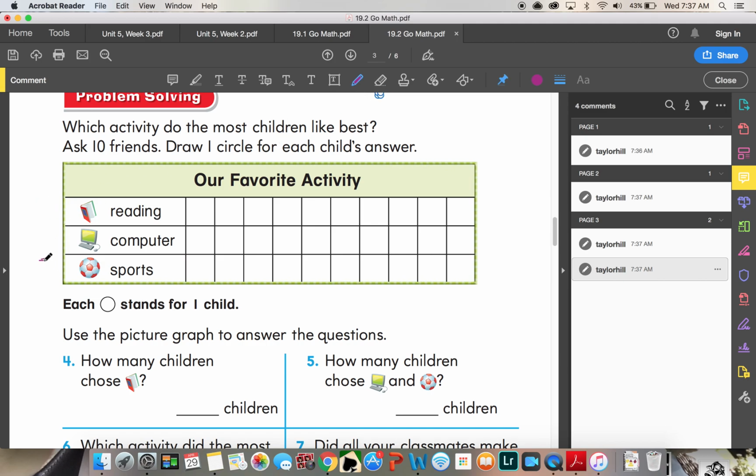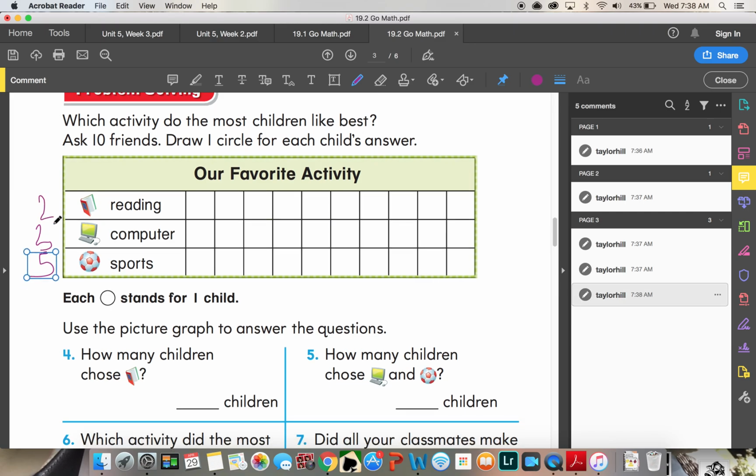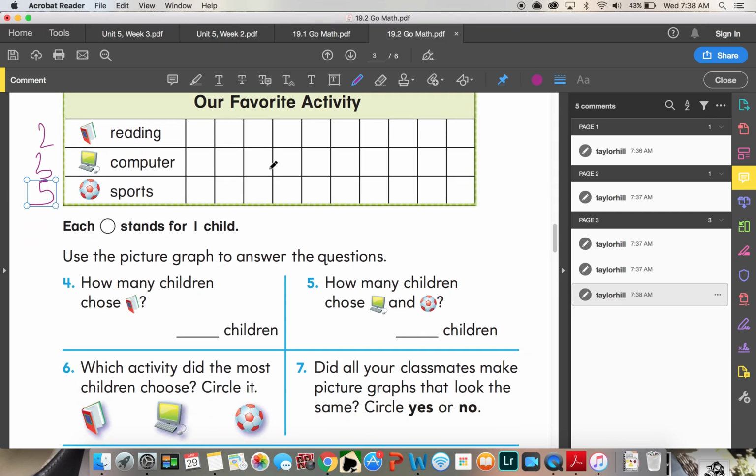Let's do 5 sports, 3 computer, and 2 reading. Okay. So draw our circles. 1, 2, 1, 2, 3, 1, 2, 3, 4, 5.